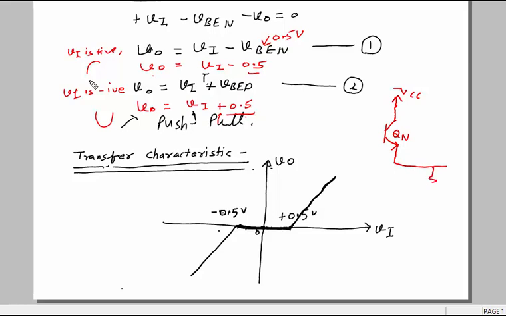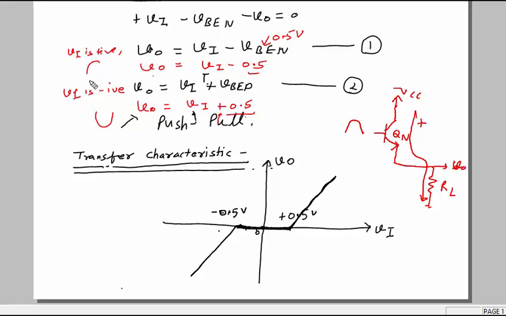This is our load RL. So current will flow in this way when Vi is positive and after crossing the 0.5 volt mark. This is our V naught. Now, what is the maximum that can happen?